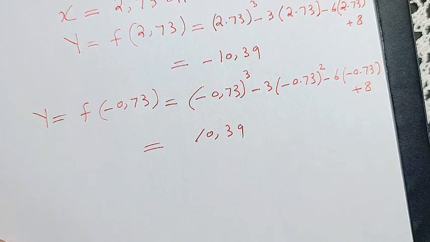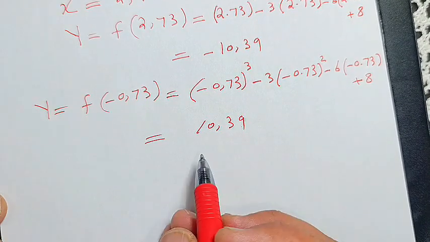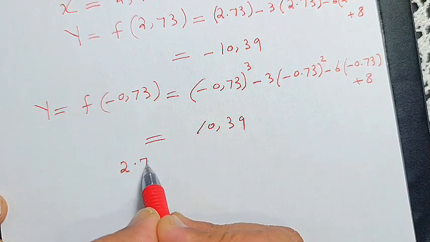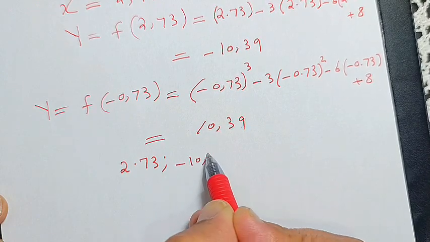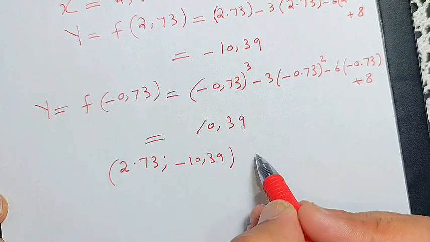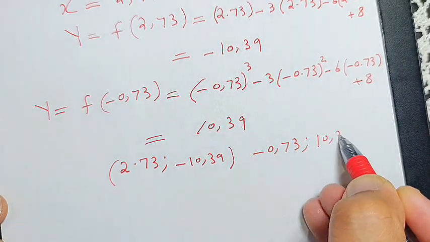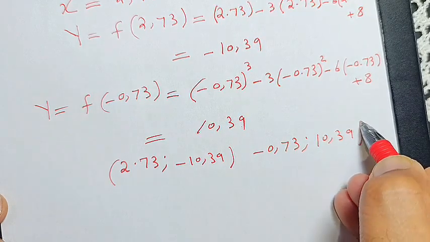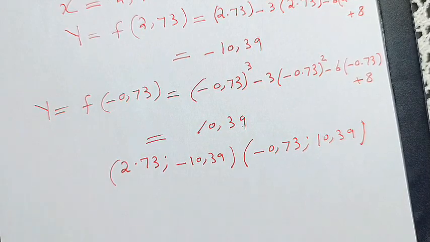So the turning points we have now. The first turning point we have is positive 2,73 and negative 10,39. In the second pair we have negative 0,73 and then you get the answer positive 10,39. So there we got the two turning points.